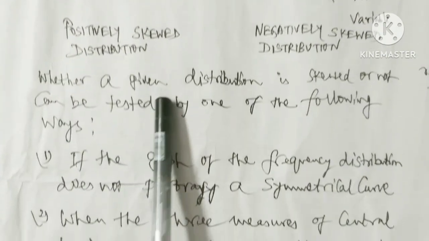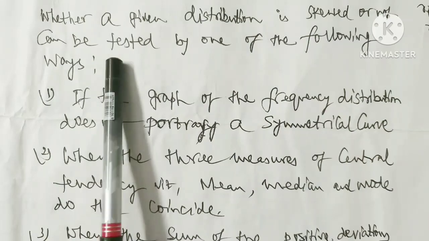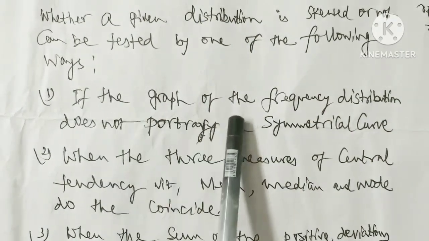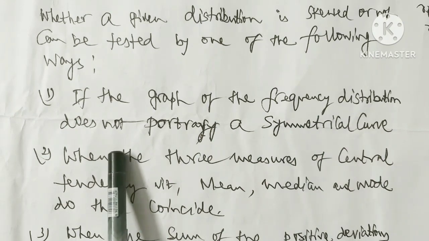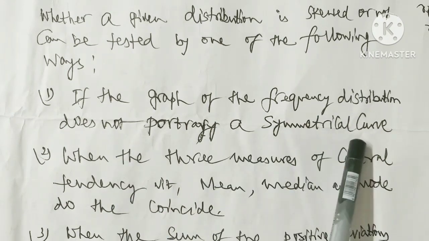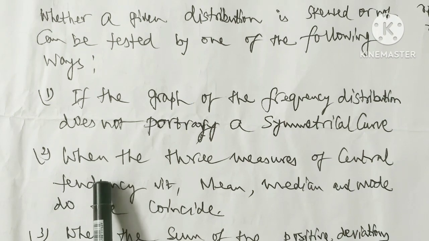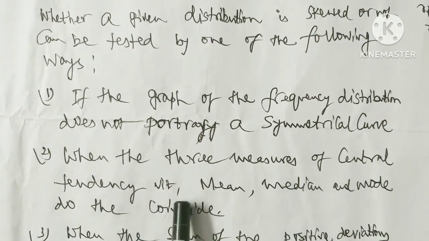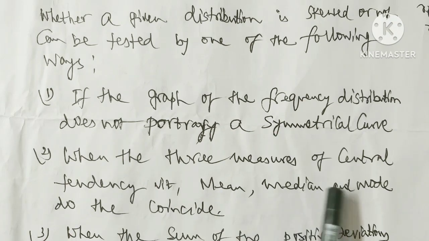Now, whether a given distribution is skewed or not can be tested in one of the following ways. Number 1, if the graph of the frequency distribution does not portray a symmetrical curve. Number 2, when the three measures of central tendency, that is mean, median and mode, do not coincide.